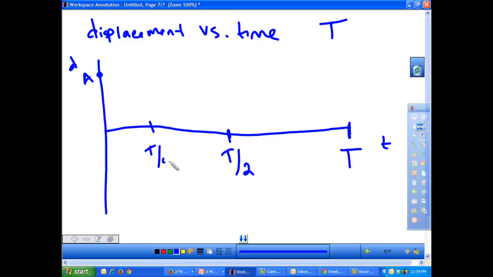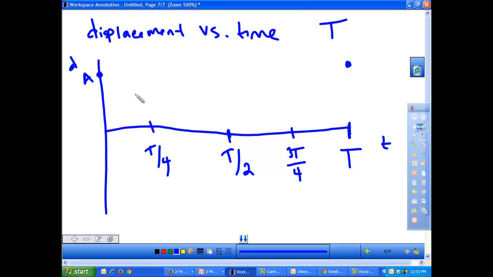Let's do one for 1/4 of the way through the cycle, and let's do one for 3/4 of the way through the cycle here. So we're going to describe what's happening with the spring as it goes through a cycle of motion. If it starts at maximum amplitude, it's going to end at maximum amplitude here. Remember, a cycle is one complete vibration, or how long it takes to come back to where it started. So if it starts here, it'll end there at the end of the cycle.